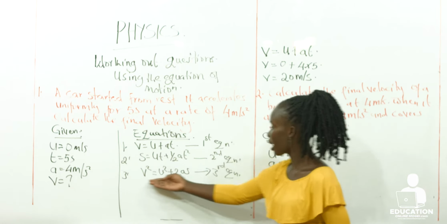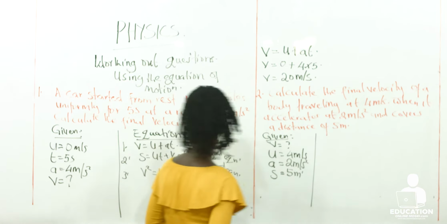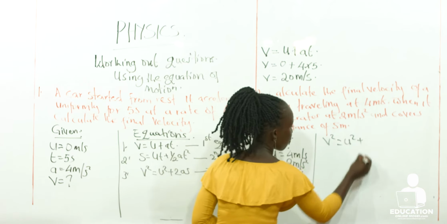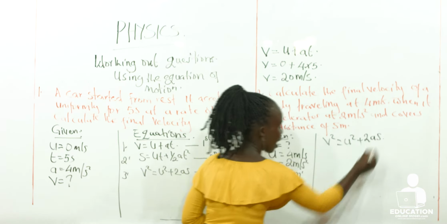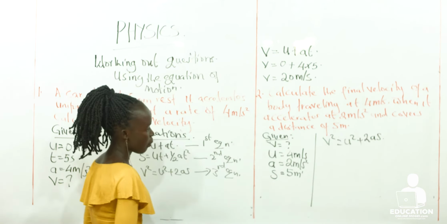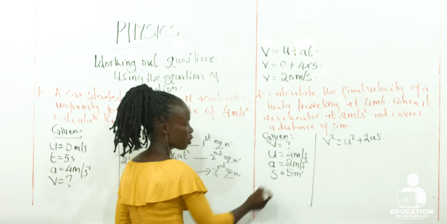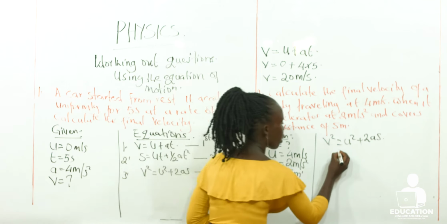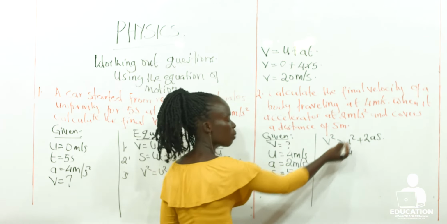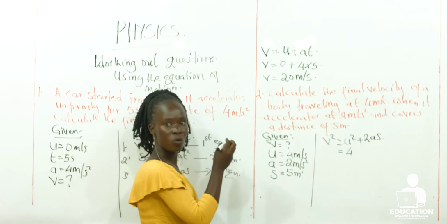So we are going to take our equation 3. We shall have v squared equals u squared plus 2as. They want us to find v, which is here. We have our u, which is 4 meters per second, so we put it here as 4. But remember, our u is being squared, so instead of 4 only, we shall square it.